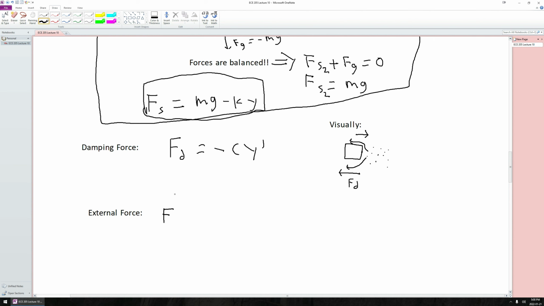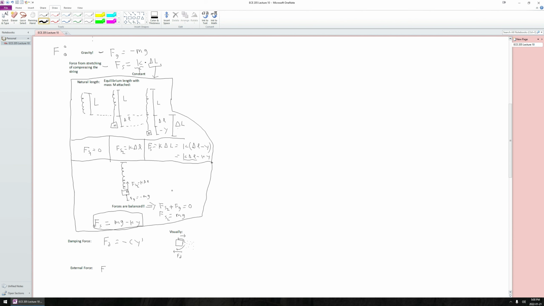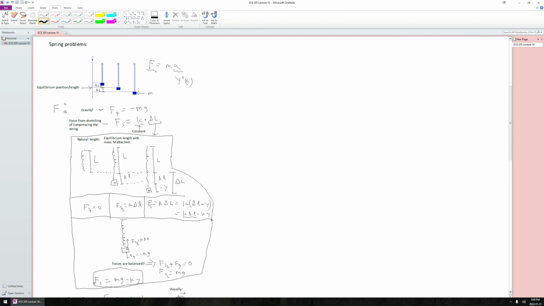Okay, so what have we done so far? If I zoom out and look at the big picture, we started with F is equal to ma. We knew m was the mass of the ball, or whatever's attached to the spring, and a was the second derivative.